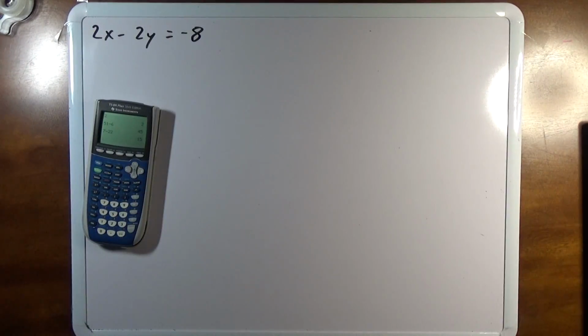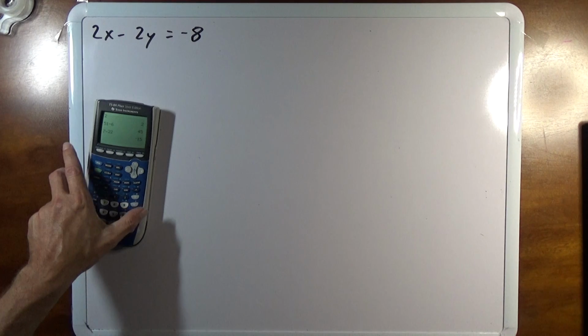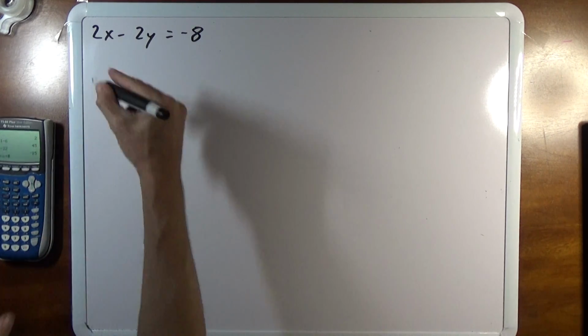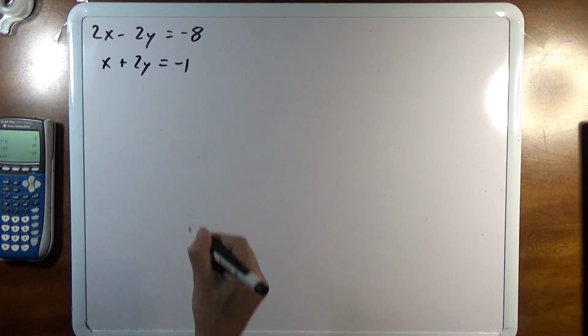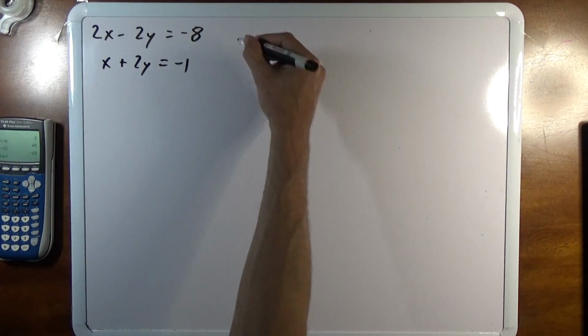Now I'm losing it. Let's try that again. X plus 2y equals negative 1. And this is number 43.